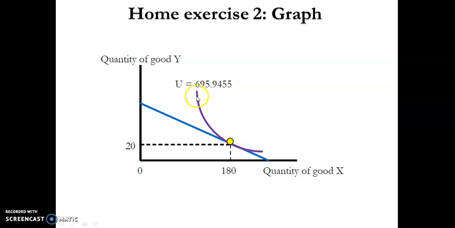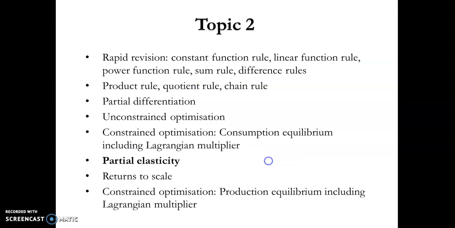And you can see that our utility is equal to 695.9455. Of course, you could determine what these intercepts are by taking your income and dividing it by the price of good y in that instance, and over here taking your income and dividing it by the price of good x, and that would give you your intercepts.